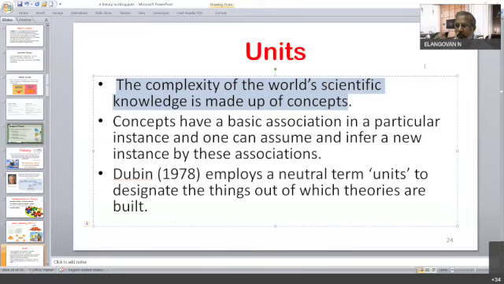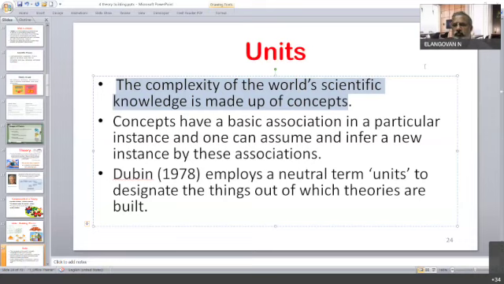So that is why this entire world is made up of small pieces of concept called a unit, and every association we try to make becomes a concept or a theory. Every association we try to make becomes a theory. It will be a small theory.